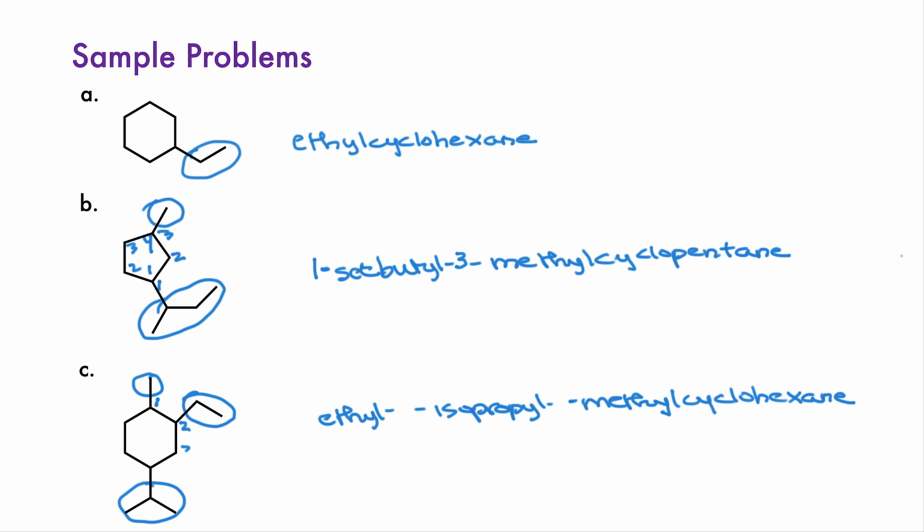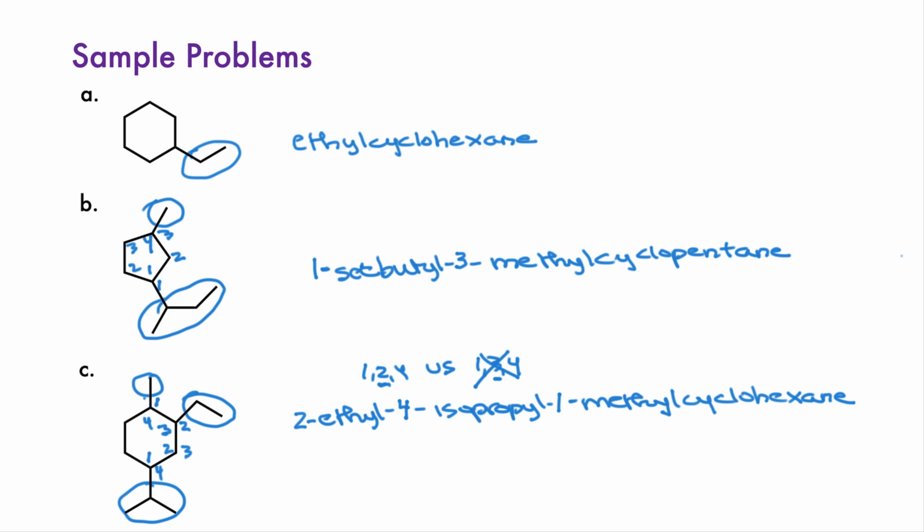If we number from the top, it's 1, 2, 4. And if we number from the bottom, it's 1, 3, 4. 2 beats 3. So 1, 2, 4 wins. The methyl is at 1, ethyl is at 2, and isopropyl is at 4.